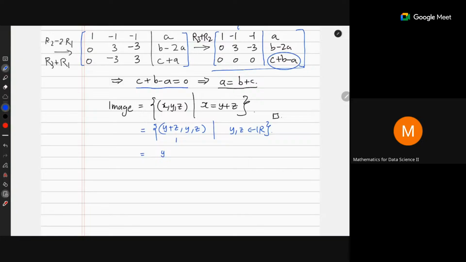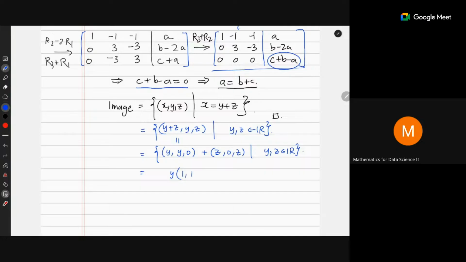You can think of this vector as a combination of two vectors: y times (1, 1, 0) plus z times (1, 0, 1).